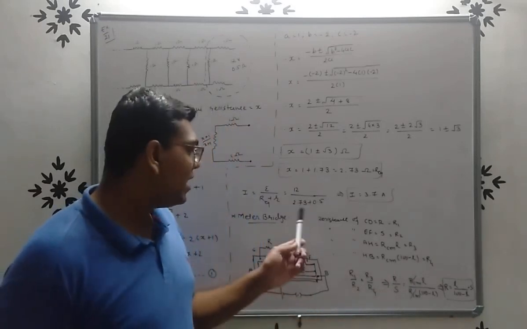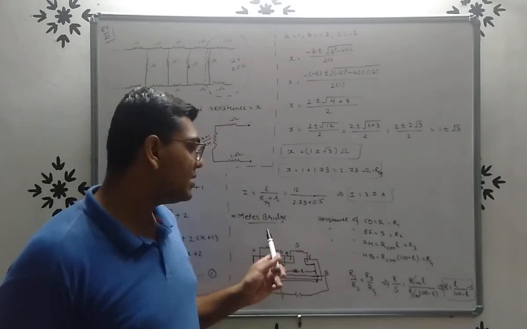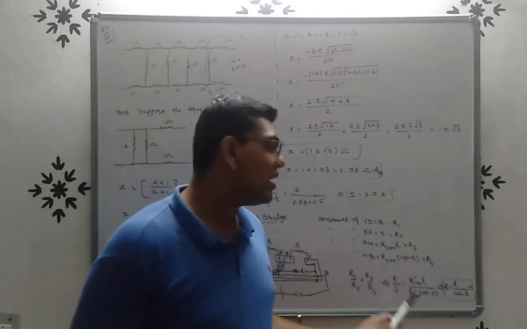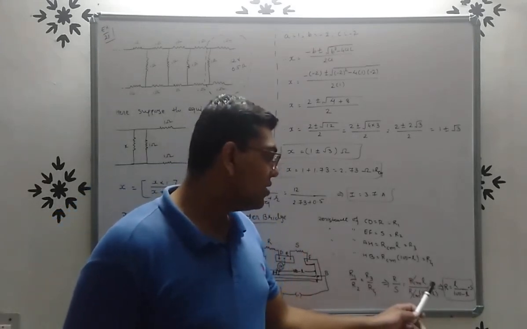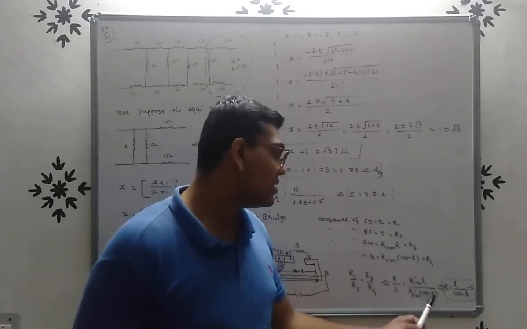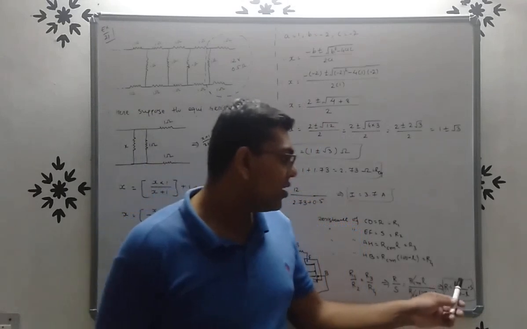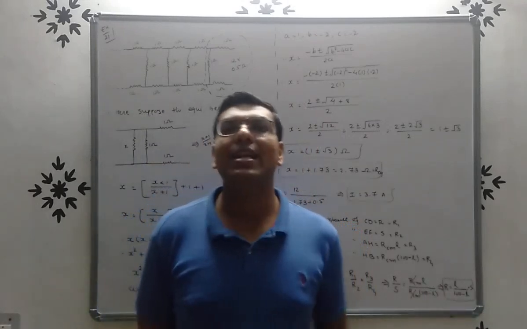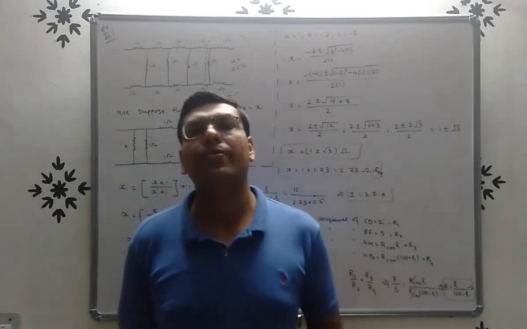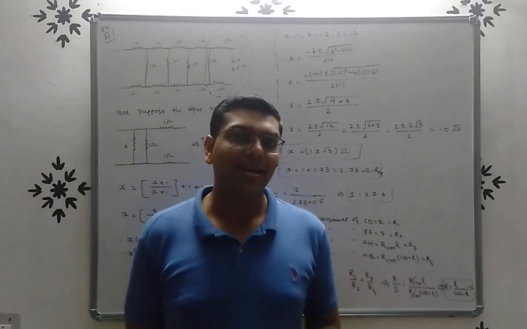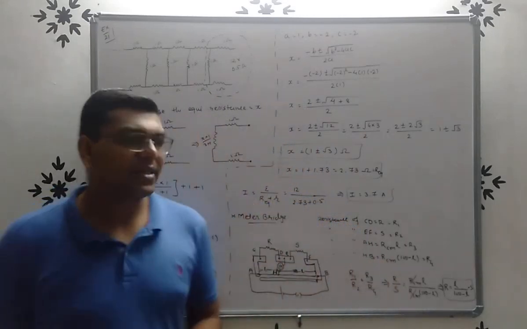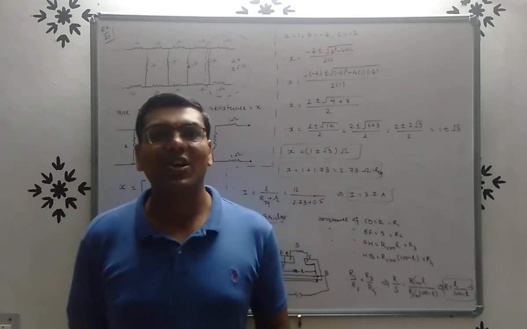We have to find out the value of unknown resistance R. So we formulate R and we get R is equal to L upon 100 minus L into S, right? So we know the values of L and S, then we can easily find out the value of unknown resistance, right? So this is the meter bridge. Okay, thank you friends.